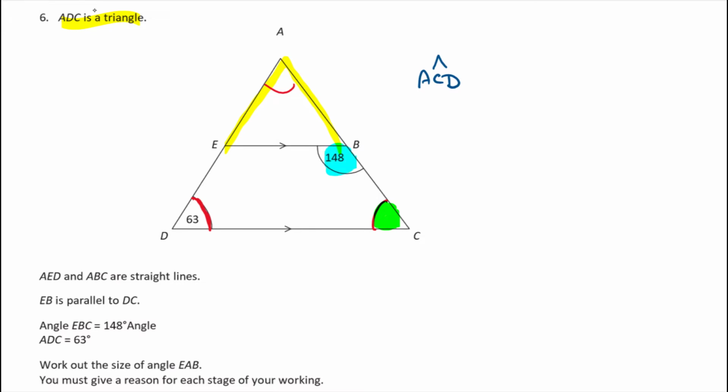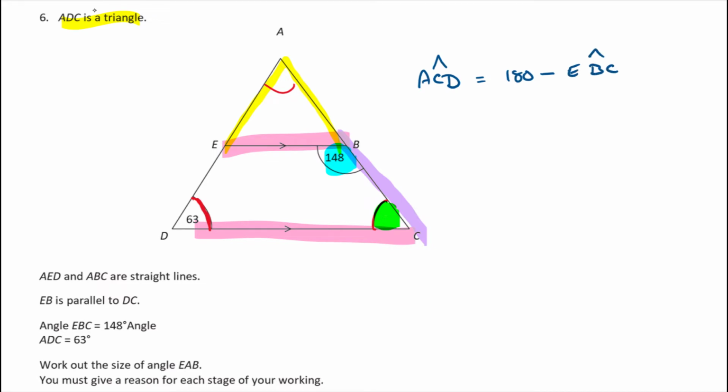Because we've got a pair of parallel lines and a line crossing them, then these two angles are the interior angles of a pair of parallel lines. So they add up to 180 degrees, don't they? So I can say that angle ACD is equal to 180 minus angle EBC.